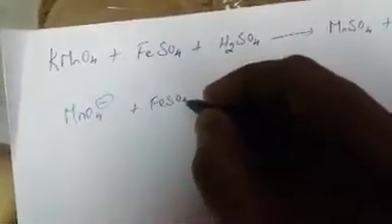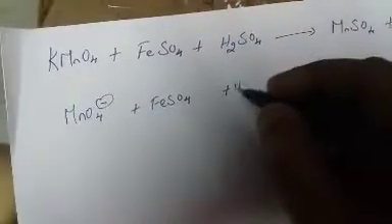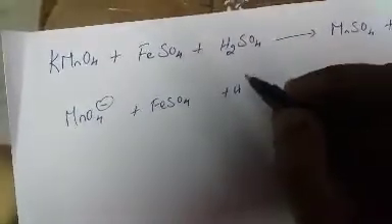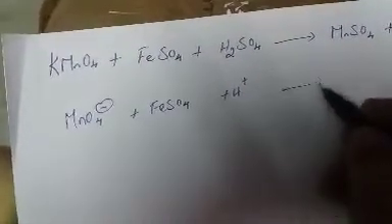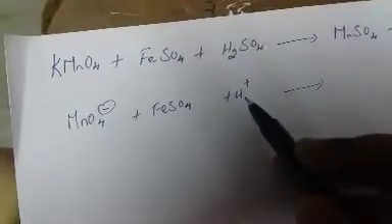Therefore, you can write the equation as MnO4 minus plus FeSO4. Since it is in acidic medium, you can write H2SO4 as H plus.